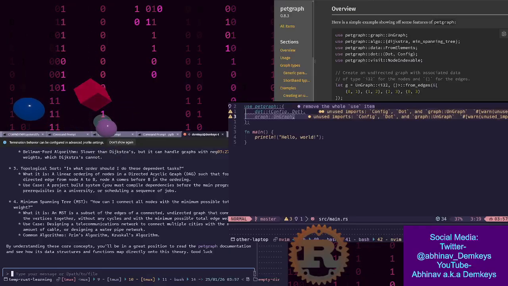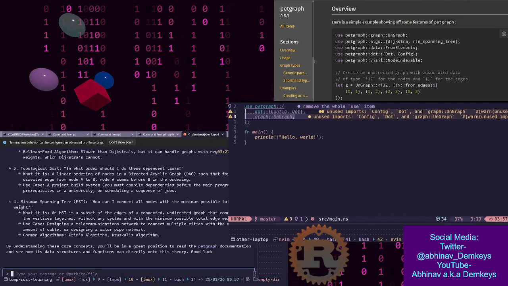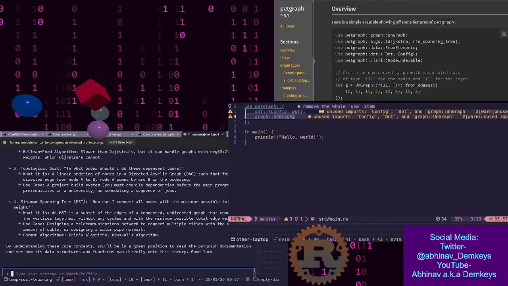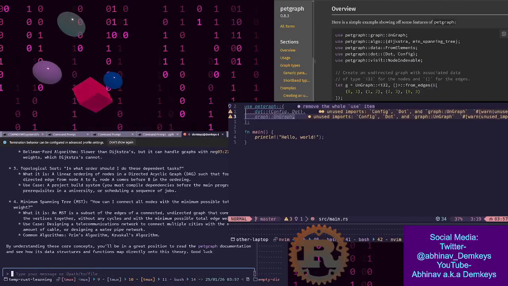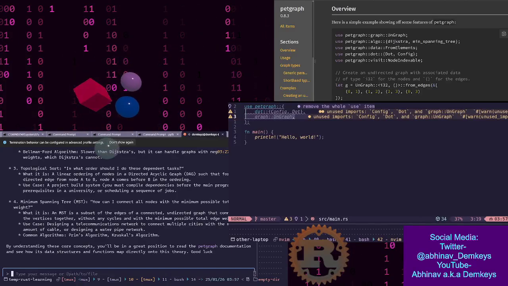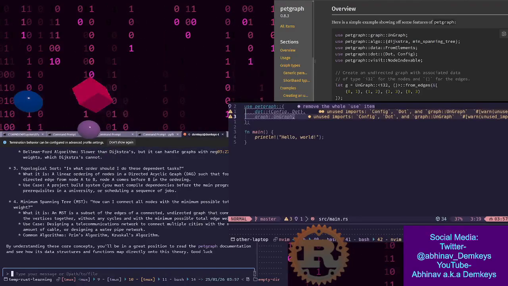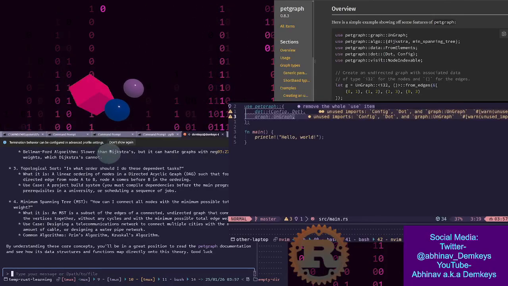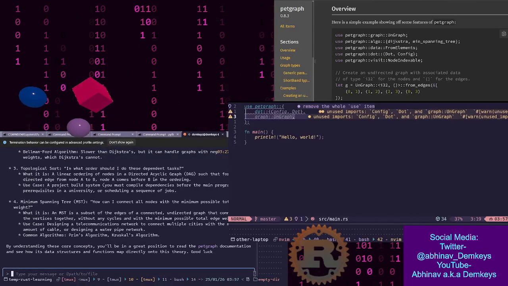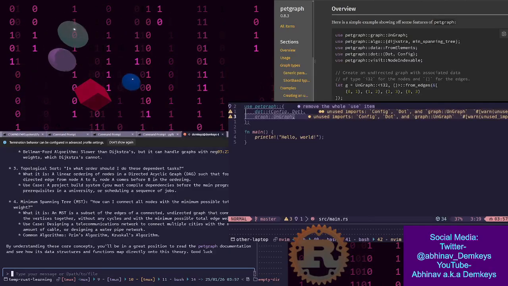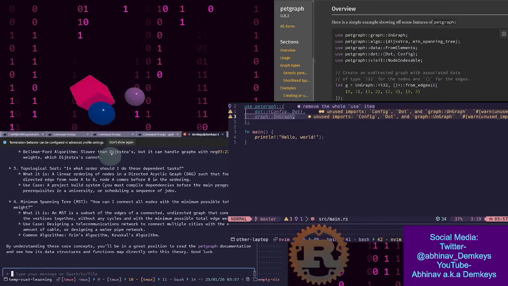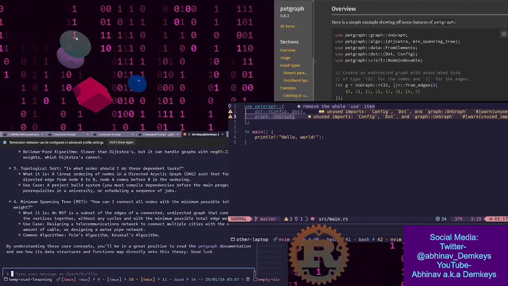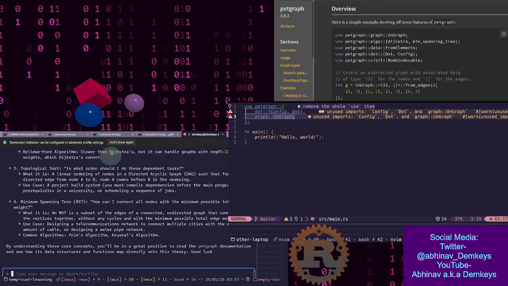What it is, a linear ordering of nodes in a directed acyclic graph such that for every directed edge from node A to B, node A comes before B in the ordering.